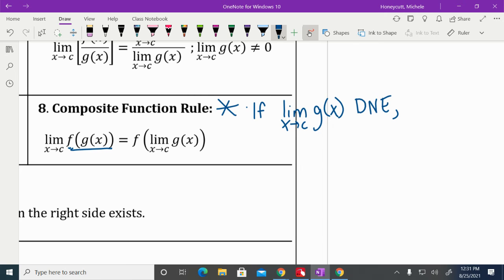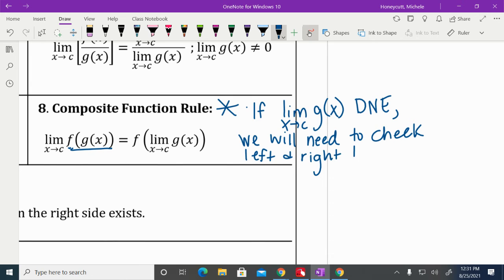The way that we would find it is we would check the left-hand limit and the right-hand limit. Sometimes they'll exist, sometimes you'll be in this scenario, but just because you run into DNE on the composition doesn't mean the whole thing doesn't exist.